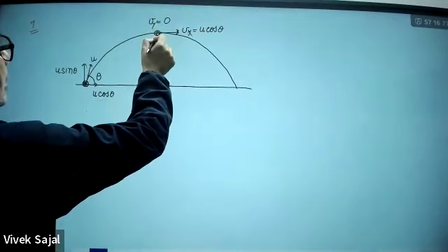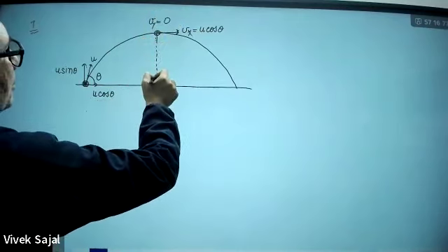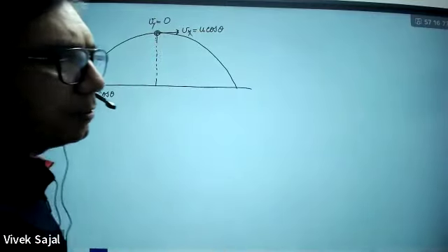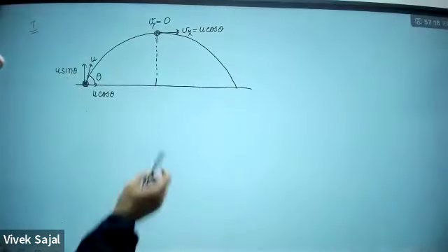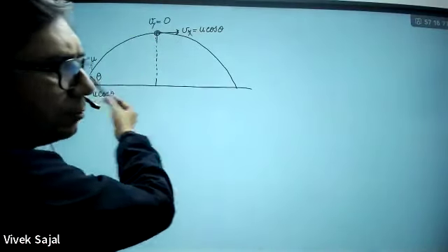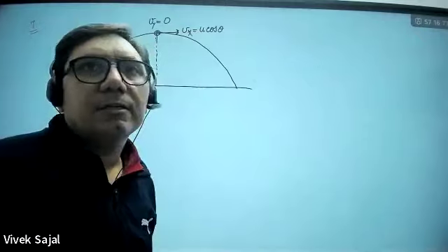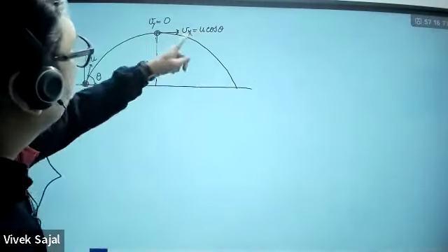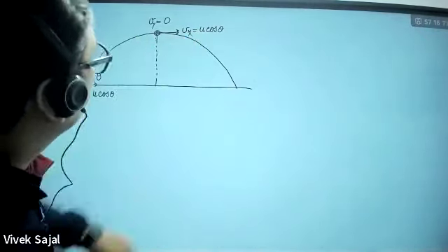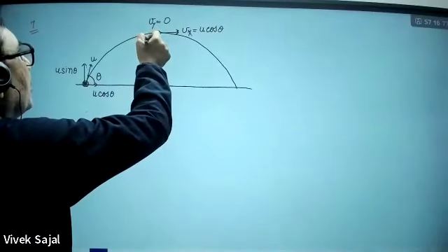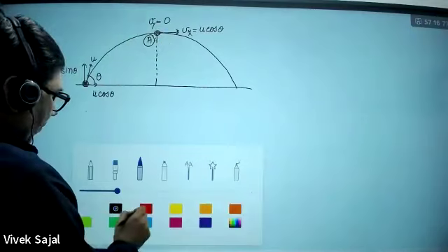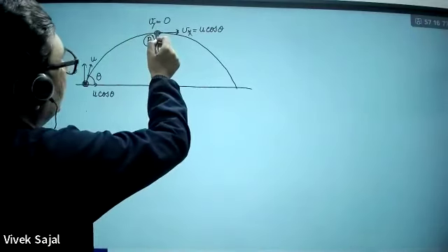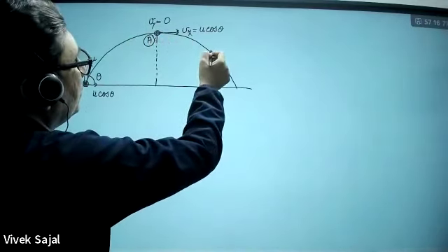At the highest point, the vertical component will be 0, only the horizontal component will be there, and the horizontal component remains constant throughout the motion, so this will be u cos theta. I'm saying this point is A. Now, consider the journey from point A to a point B here.